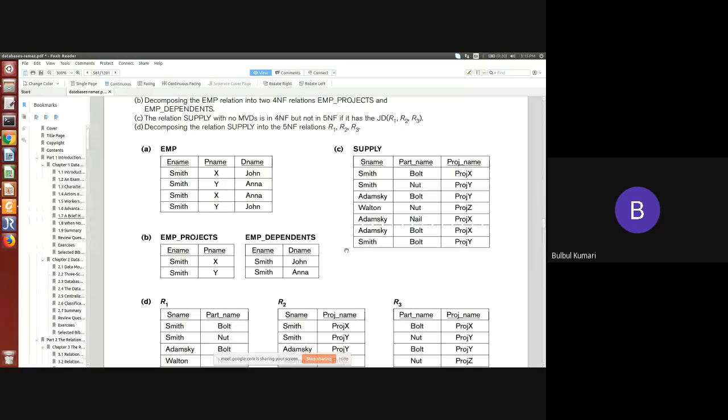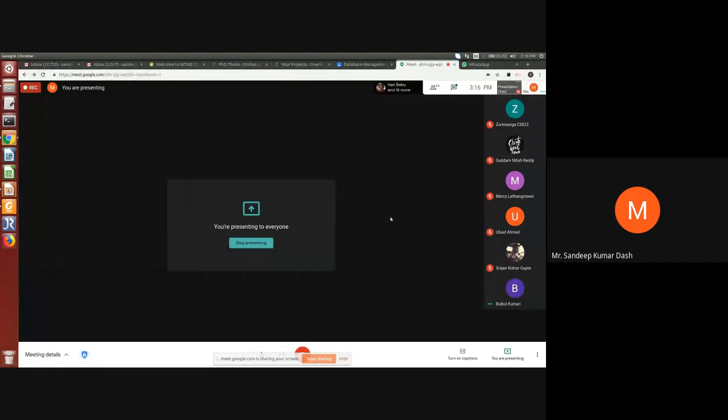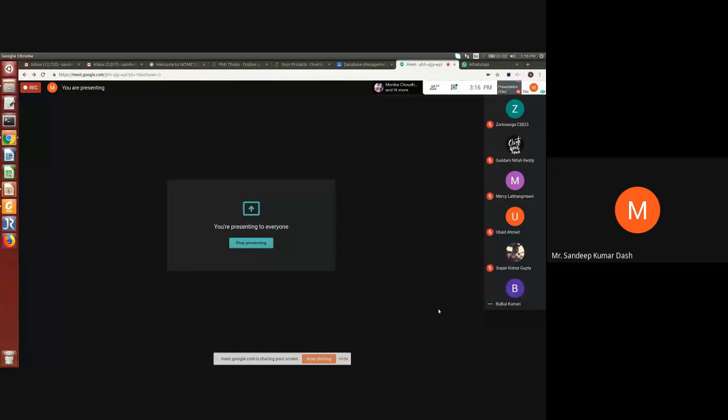Sir, the screen is not visible. I cannot see your screen, sir. Anyone else? All of you can see or only one? It is visible. Anyone else who cannot see? The screen is visible, sir. Bulbul Kumari, no? Yes, sir. You just log out and log in again. You should be able to see.